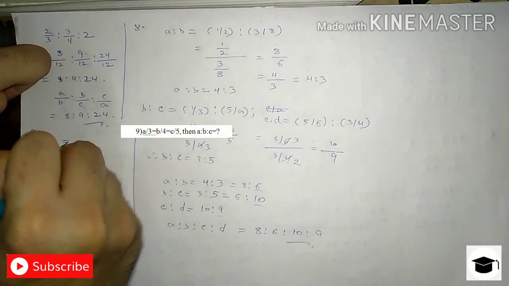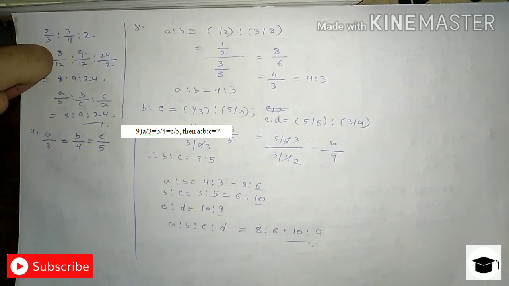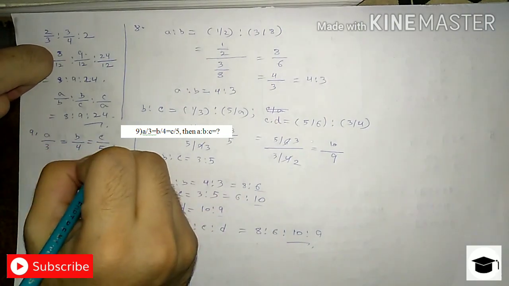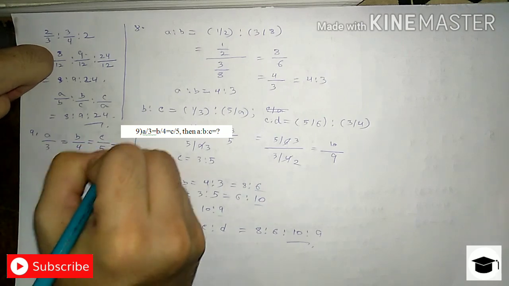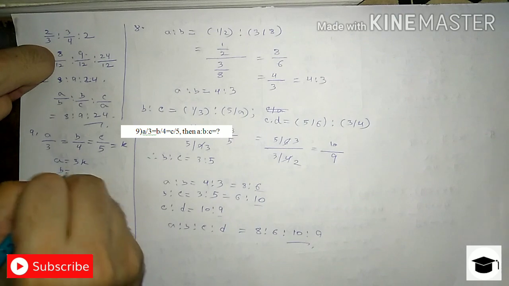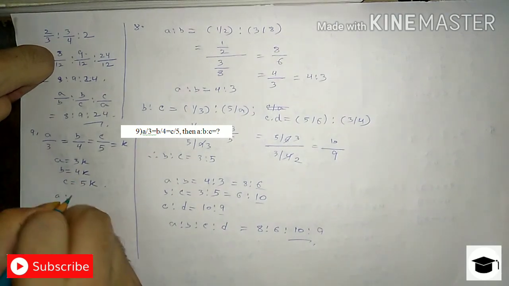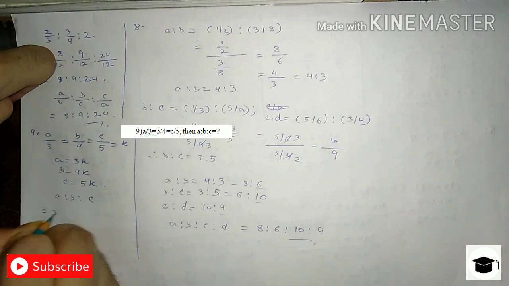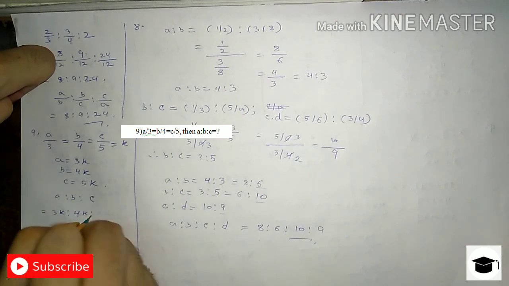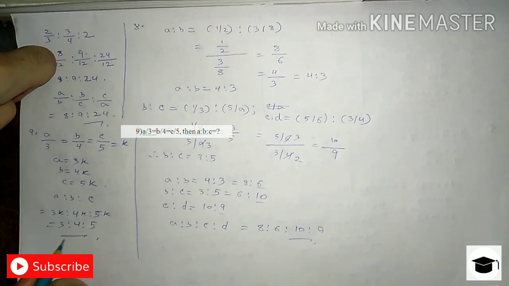A by 3 equal to b by 4 equal to c by 5. Let us consider those are equal to k. So the value of a equal to 3k, b equal to 4k, c equal to 5k. Then a is to b is to c equal to 3k is to 4k is to 5k equal to 3 is to 4 is to 5. That is the answer.